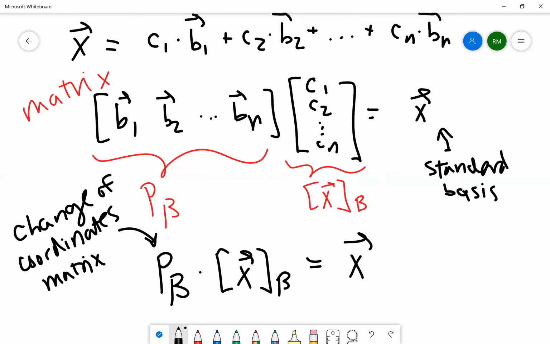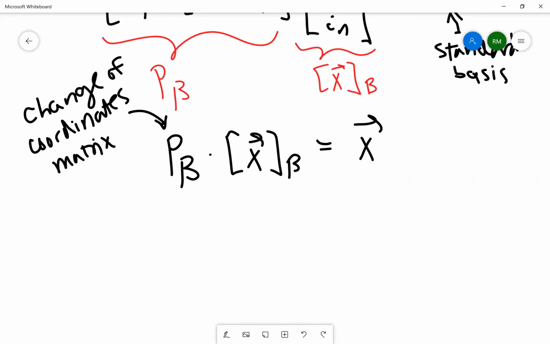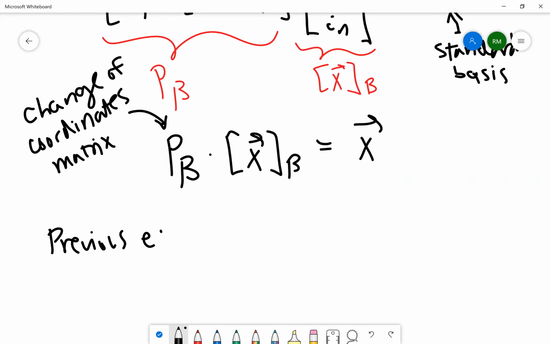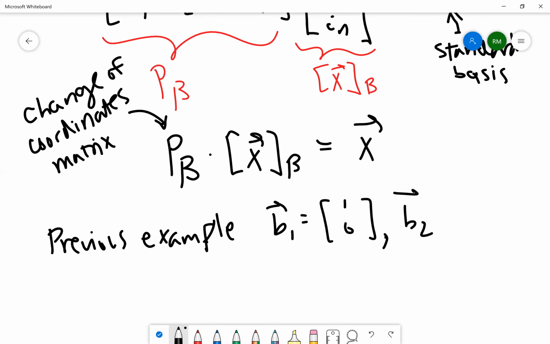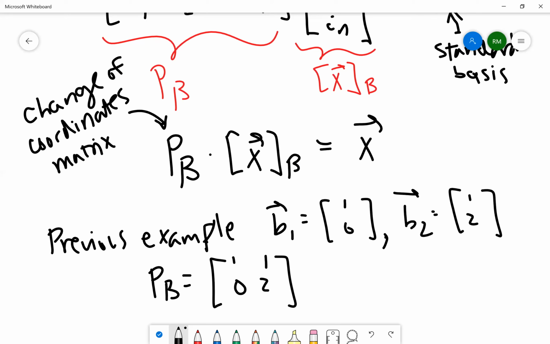So what I want you to do is observe from our previous example, B1 was equal to (1, 0), and B2 was equal to (1, 2). So that means that our change of basis matrix is just the matrix with columns (1, 0) and (1, 2).